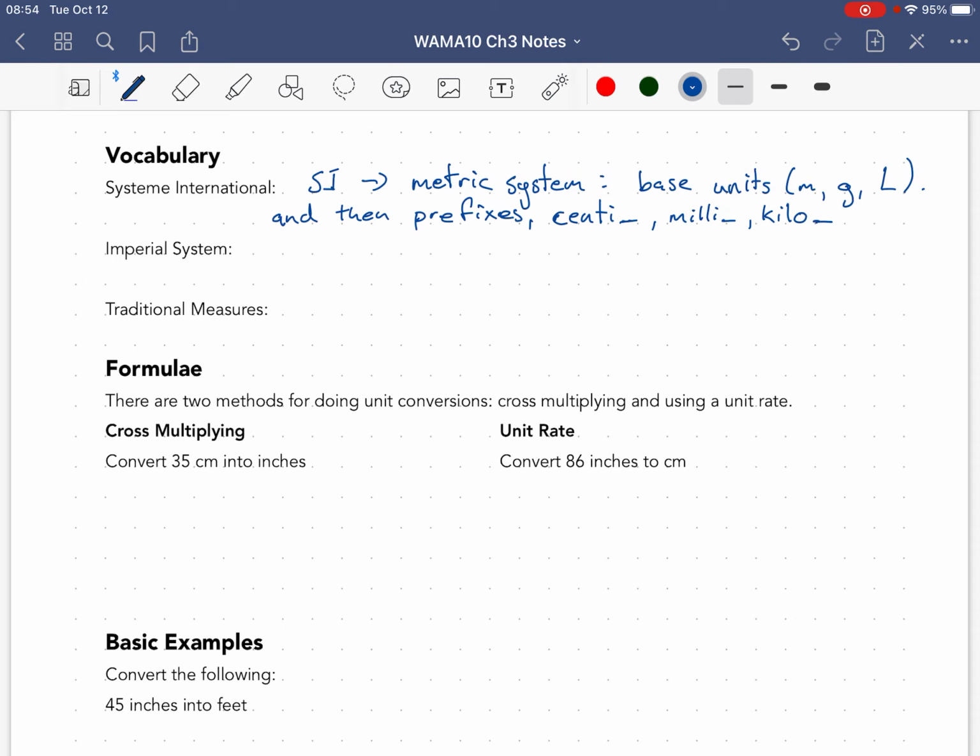They go up, and it's based on powers of 10. So powers of 10, 10 to the power of x. That's System International.